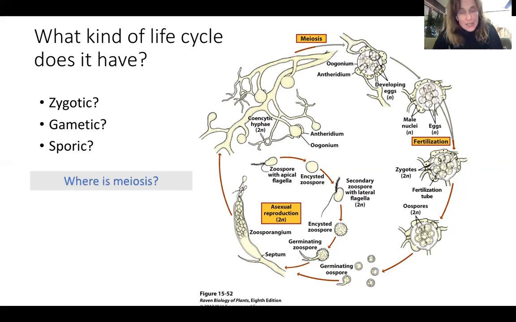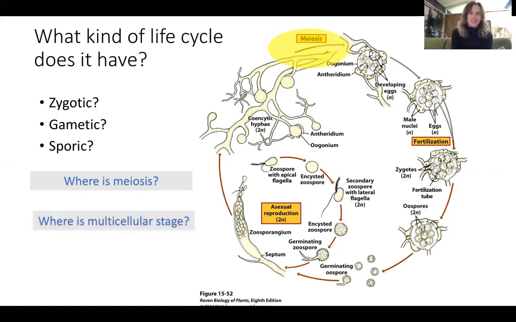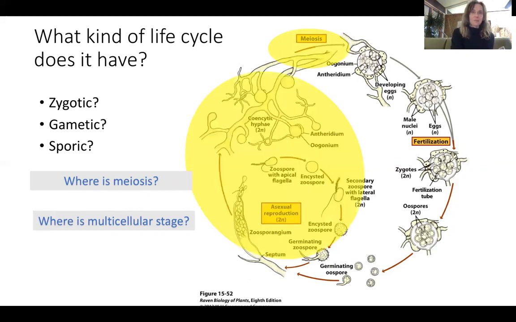First of all, where is meiosis happening? Well, there it is. Meiosis is happening right there in the oogonium and the antheridium, which answers another question. These guys have gametangia. Where's the multicellular stage? Well, this is the multicellular stage. It's got a multicellular diploid phase with gametangia, and meiosis happens in the oogonium and the antheridium to produce these haploid gametes.